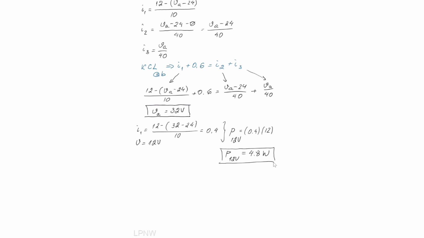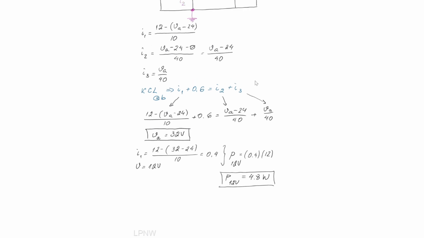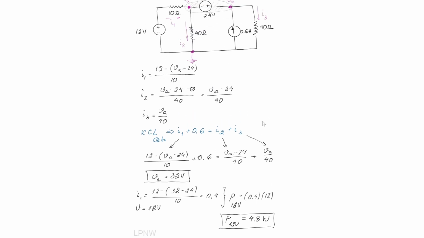Now I will carry on with the easy one. The easy one is the one related to the 0.6 amps, because 0.6 amps is the current which is tied directly to VA, 32 volts.